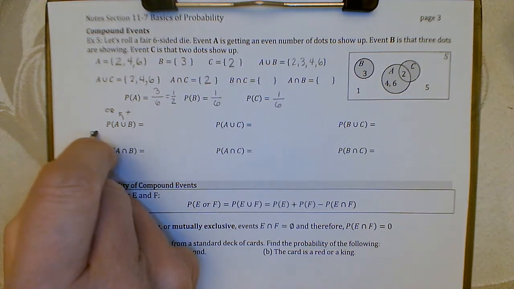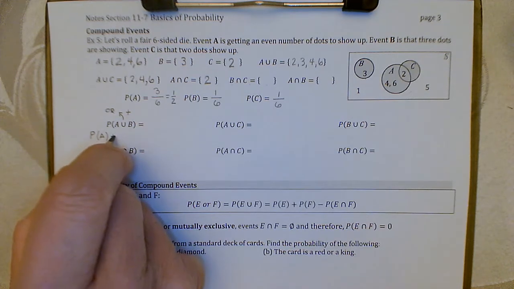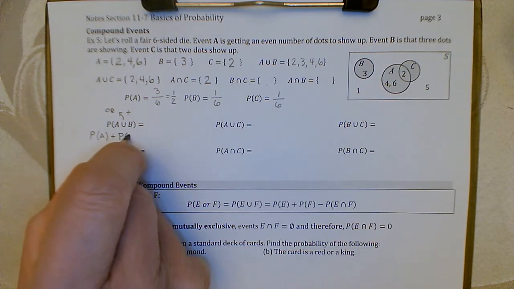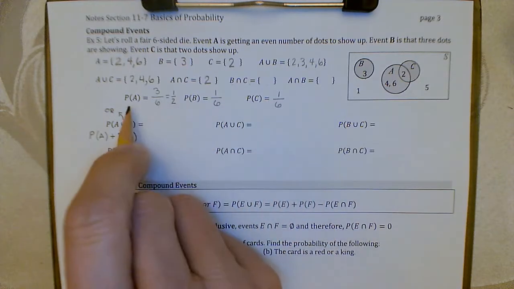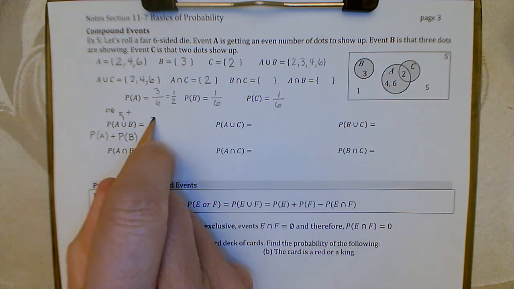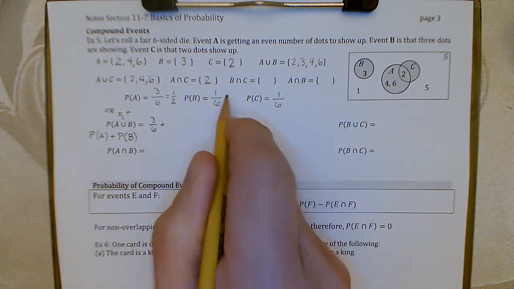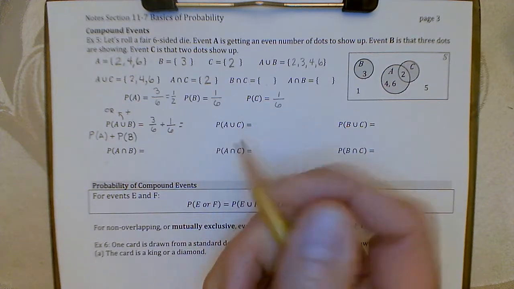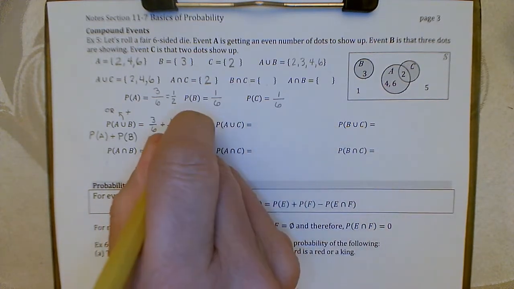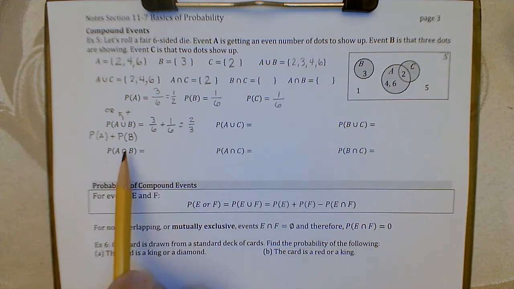So we could think of this as the probability of A plus the probability of B. What is the probability of A? Well, we saw that. I'm going to leave it as 3/6, plus the probability of B, that was 1/6. So that ends up being 4/6 or 2/3.